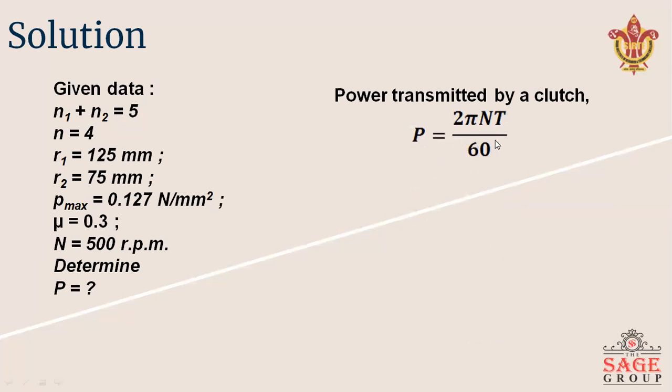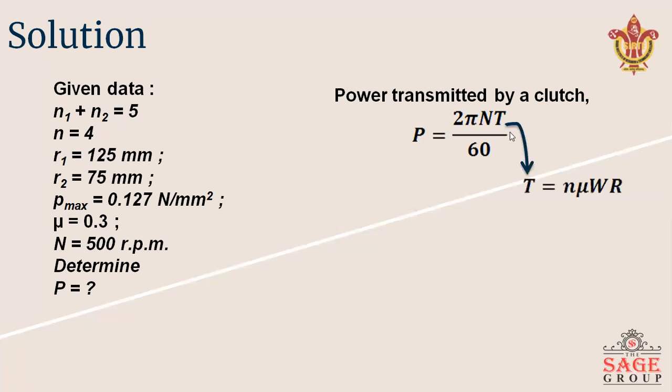Here T is the torque transmitted by the clutch. N is given, that is 500 rpm, and if we can calculate the value of torque transmitted by the clutch, then we will have the value of power transmitted by the clutch.